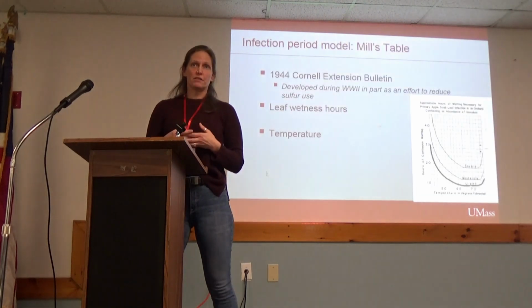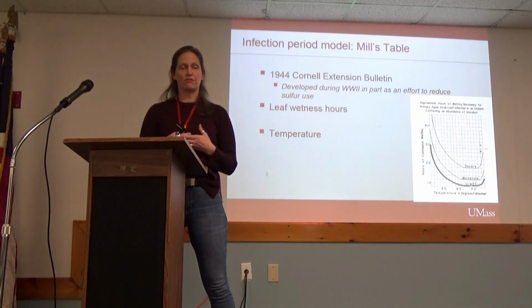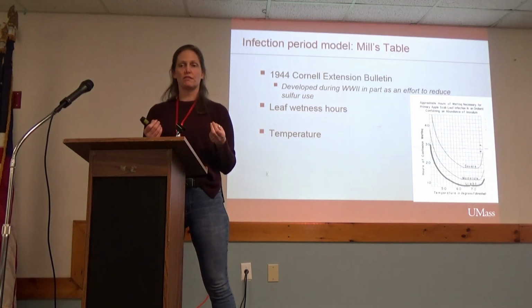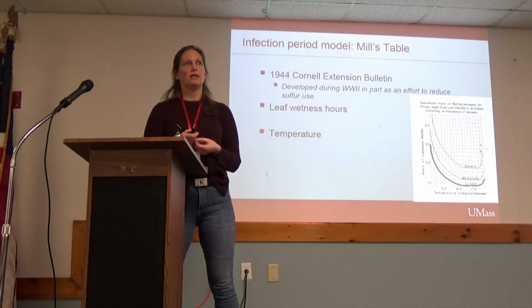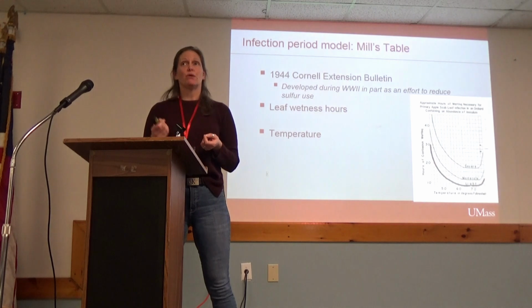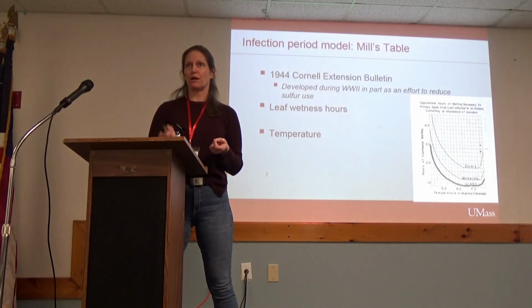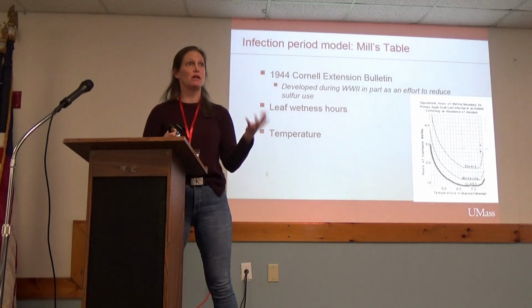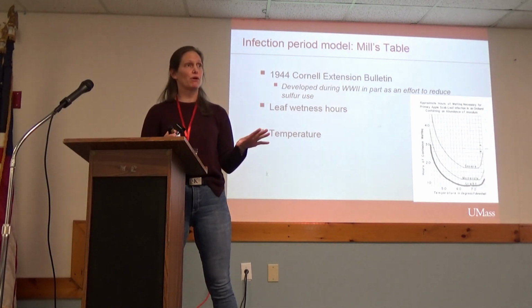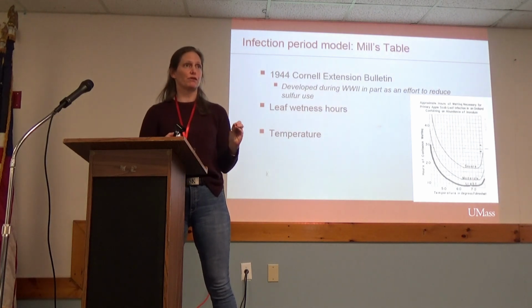The first of those models is the Mills Table. I'm sure we are all familiar with the Mills Table. Mills put this out in a 1944 War Bulletin. His actual initial intent was to reduce sulfur use because that was a critical material for the war effort overseas. So his goal was to help apple growers really fine-tune their application and reduce their use of sulfur for apple scab.